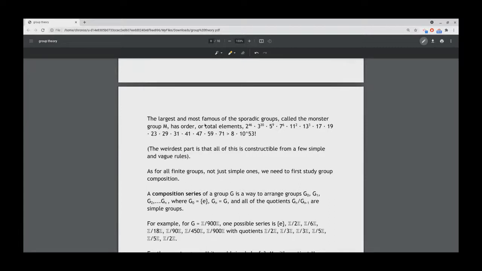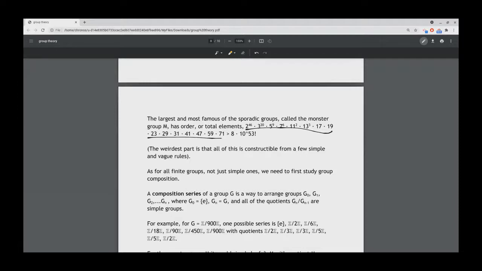But the largest and most famous of the sporadic groups, called the Monster Group, M, has order, or total elements, 2 to the 46 times 3 to the 20 times 5 to the 9 times 7 to the 6 times 11 squared times 13 cubed times 17 times 19 times 23 times 29 times 31 times 41 times 47 times 59 times 71.